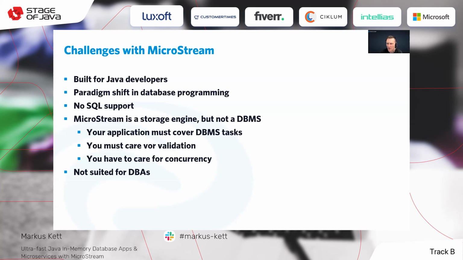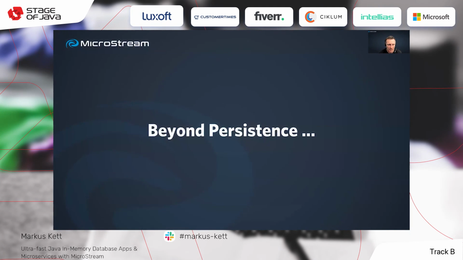For instance, you have to care for validation and you have to care for concurrency. This is important to mention here at this point. Beyond persistence, MicroStream can be used as a pure serialization that is super fast and highly secure, by the way.